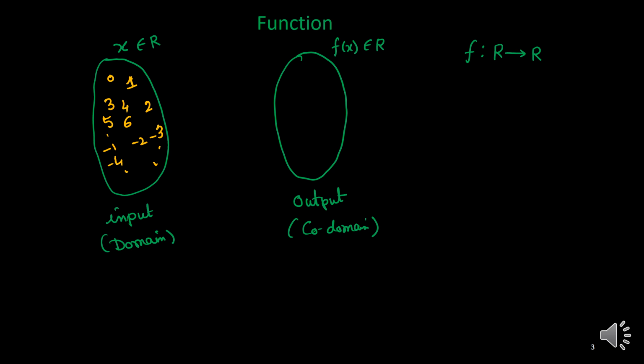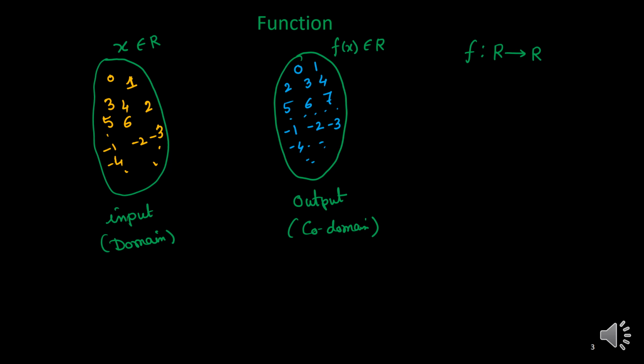Similarly here also we'll have some points: 0, 1, 2, 3, 4, 5, 6, 7, and even some negative values, -1, -2, -3, -4. So on the left-hand side we have one real number set, and on the right-hand side another real number set.